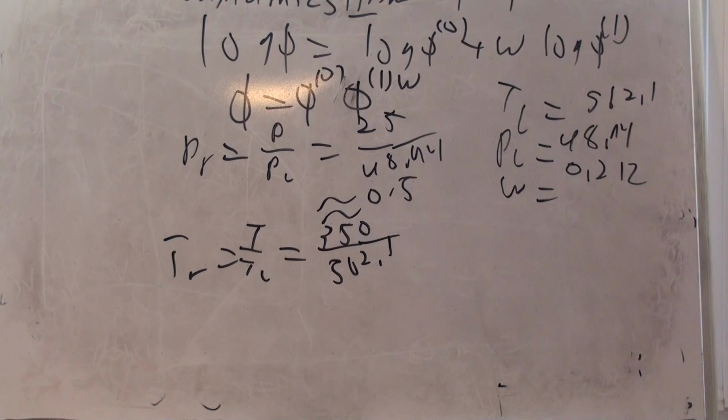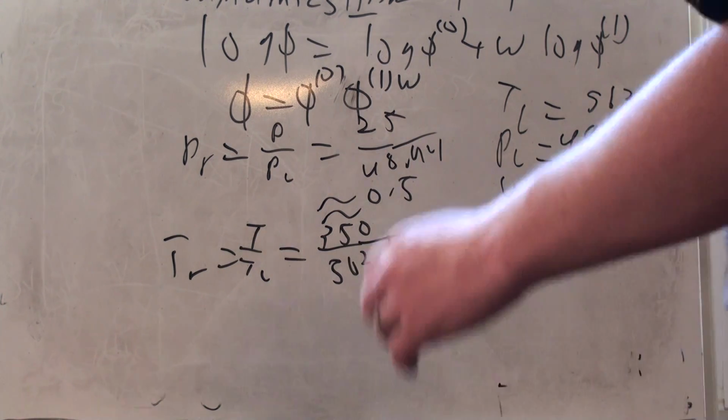Let's plug that into a calculator really quick. So 350 divided by 562.1 equals about 0.623.